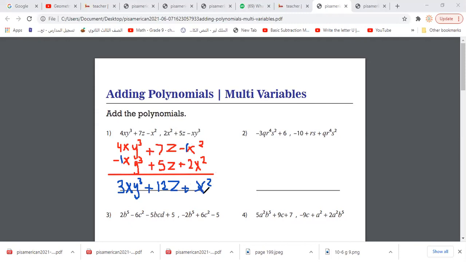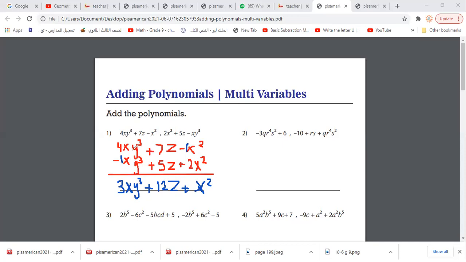Then it's up to you to work horizontally or vertically. You should try both methods. Which one you prefer is up to you. If you want to add like terms, you rearrange them in parentheses and separate them by the plus sign, or you can use the vertical method like this.